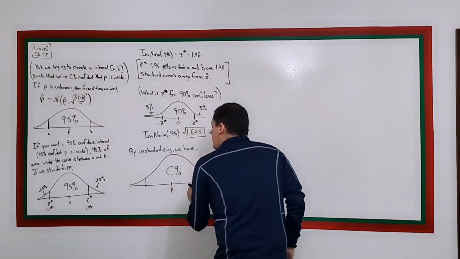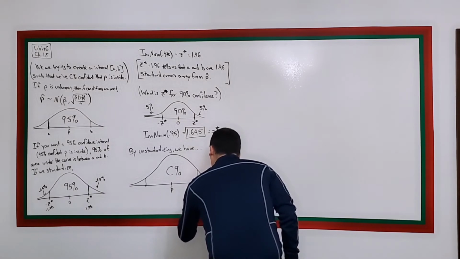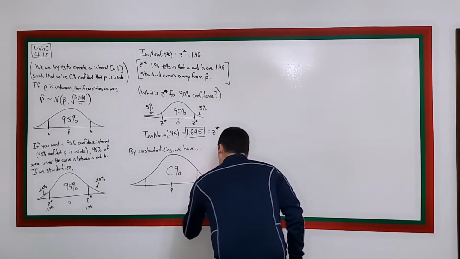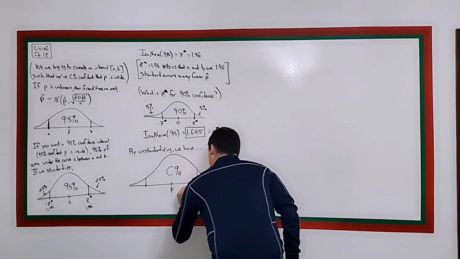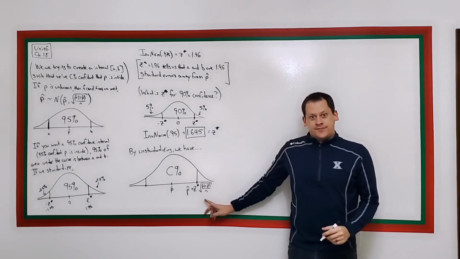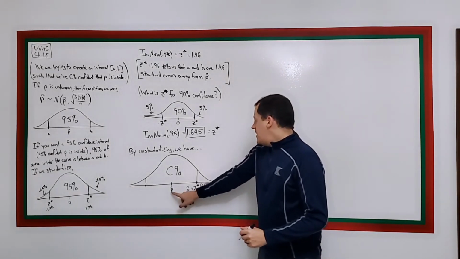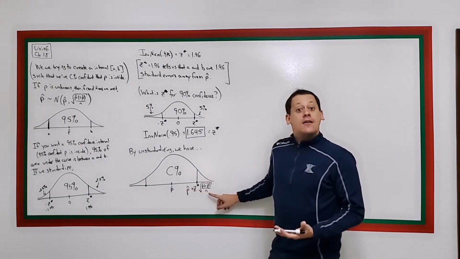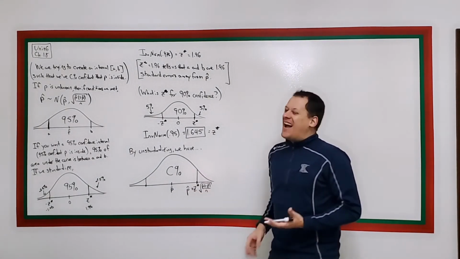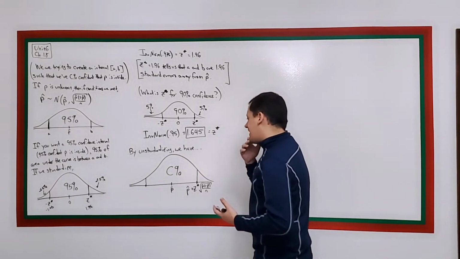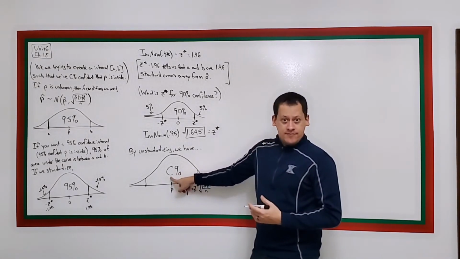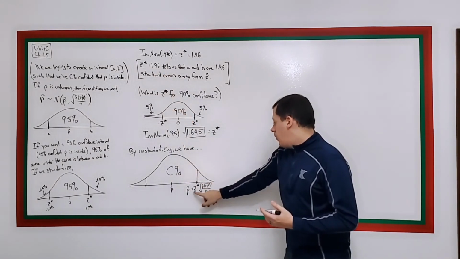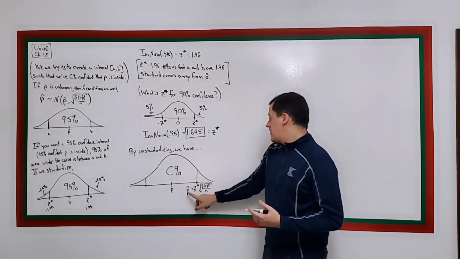So this is z star times the square root of p hat (1 minus p hat) over n. But it's p hat plus that value, right? This is p hat, and we're adding on z star standard errors. I hope that makes sense. Okay, so if this is 95%, then z star is 1.96. So this would be 1.96 standard errors above p hat.